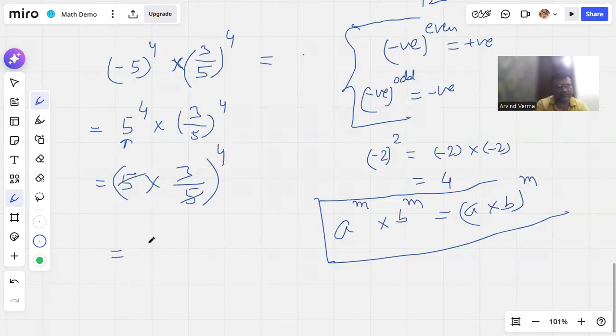The 5s cancel. 3 raised to the power 4 is 3 into 3 into 3 into 3, that is 9 into 9, that is 81. Hope you understood the concept with these examples.